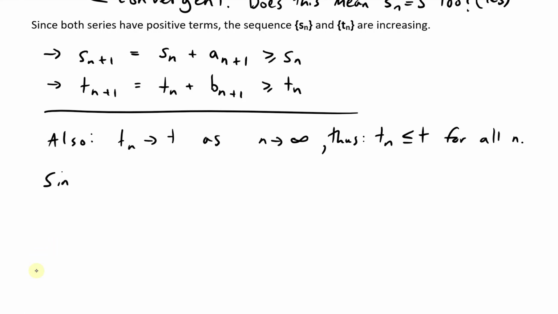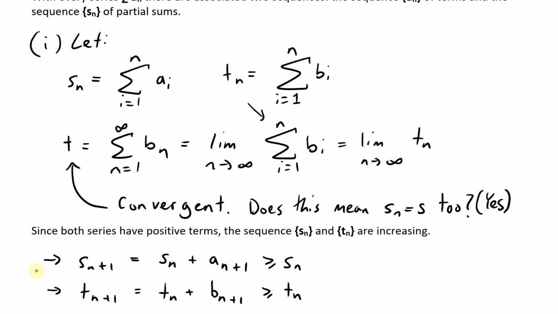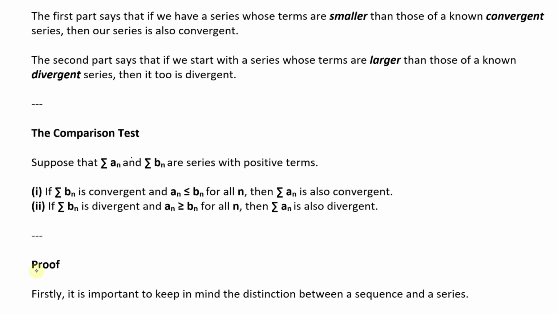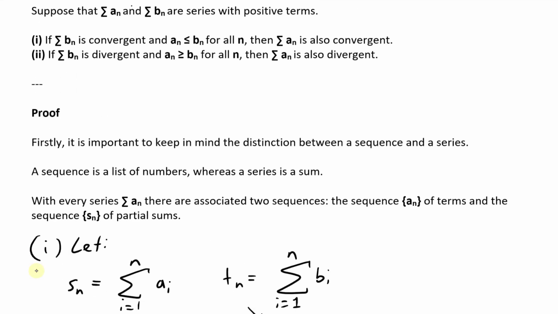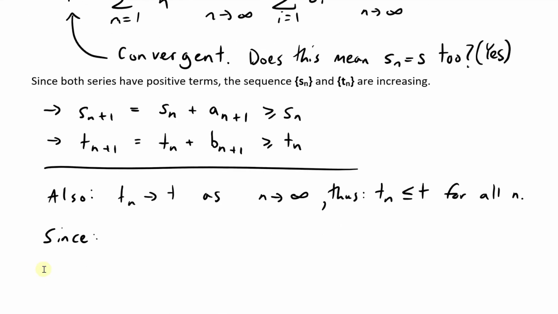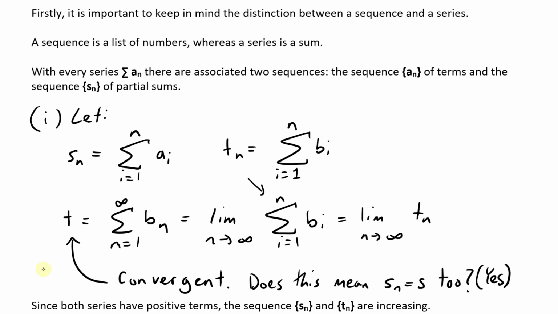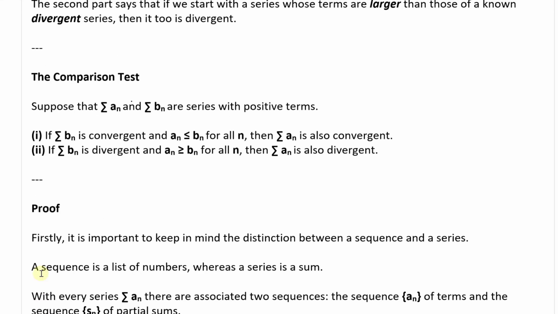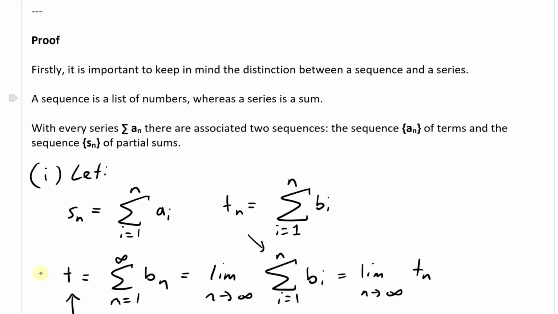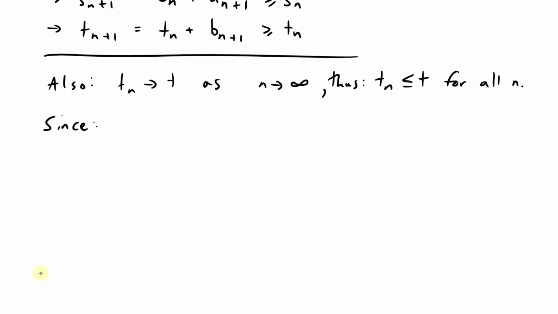And remember the comparison test, we're given that if b_n is convergent, and also the terms a_n are less than b_n for all n. In other words, each term is less than it. In our case, since we have the partial sum S_n, we're just going to look at a_i, which is the same thing as a_n, less than b_i.